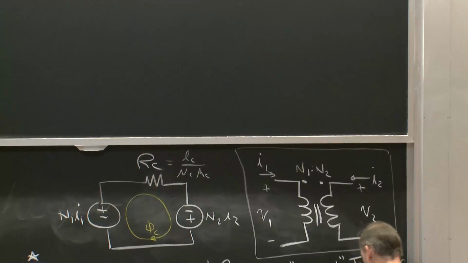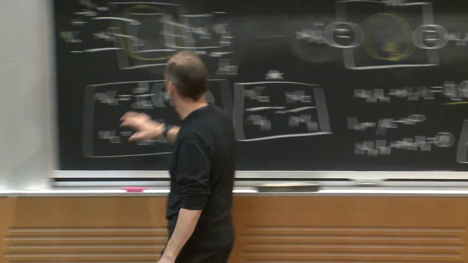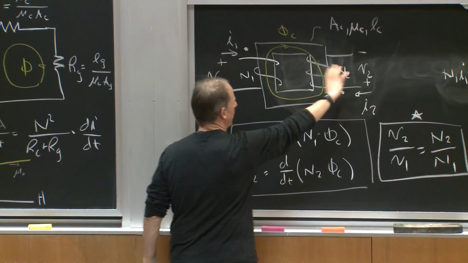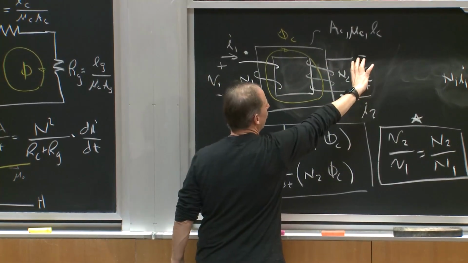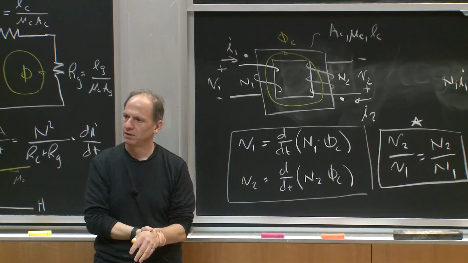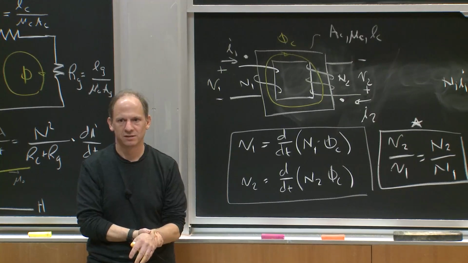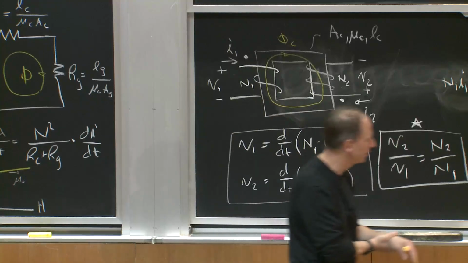Well, suppose I took my transformer and I just put a winding on one side, or I have a winding on both sides, but I open circuit the second winding. I just don't connect it to anything. Then what do I know about I2 if it's disconnected? I2 is 0 if it's disconnected.